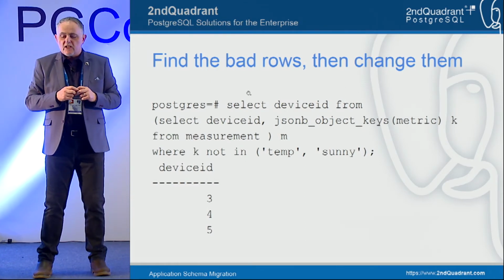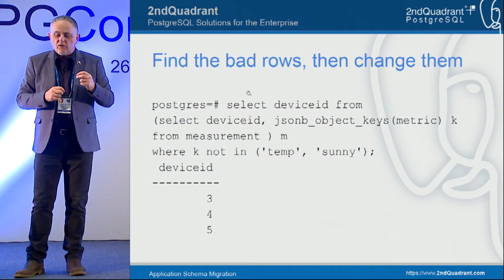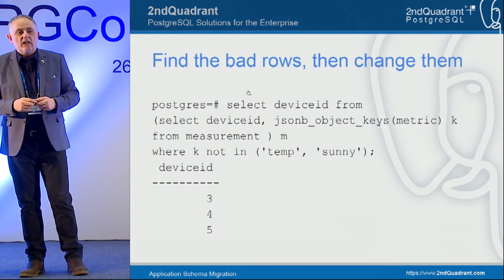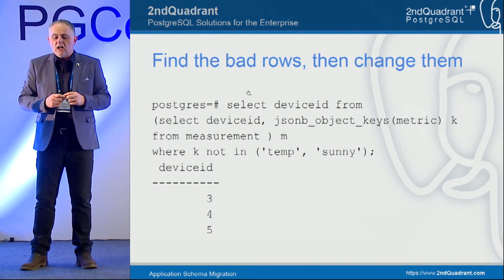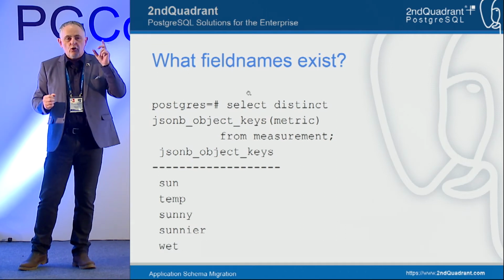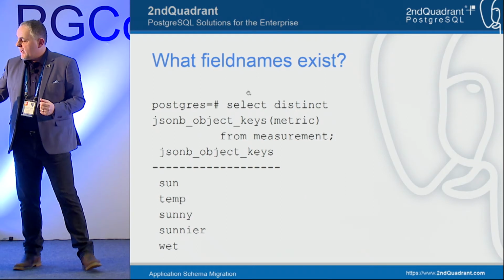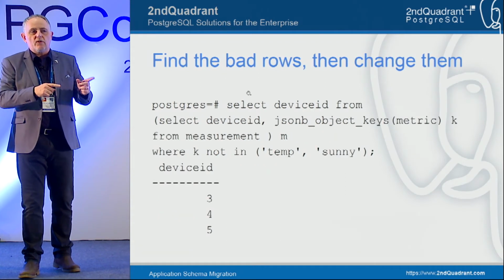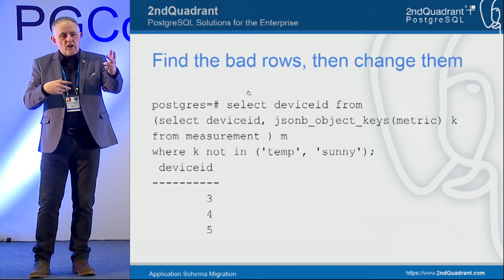So once we've identified keys that we don't like, we can then issue some queries to find rows that have those key values. And in the situation here where I have decided that actually I only want two key values, one called temp and one called sunny, I can then execute a query that retrieves the data that's got those field values, or I can search for the other way around.